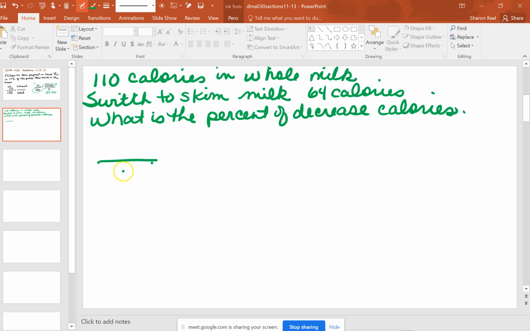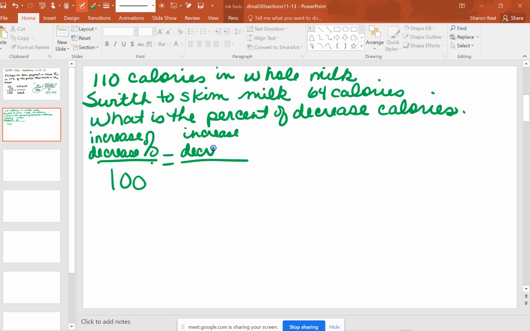So we're going to have either an increase or a decrease percent, which is over the 100. Above on the top right is either going to be an increase or a decrease amount.